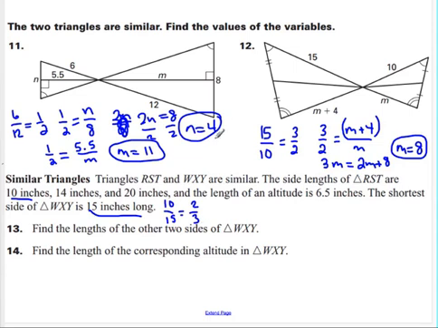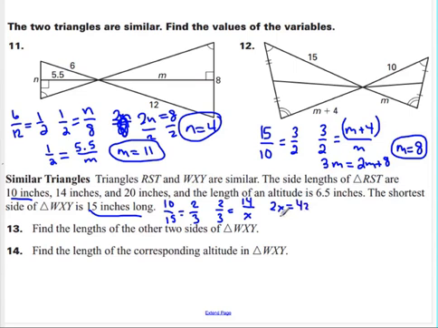If I were to find the other two side lengths, I'd just say 2/3, with 14 on top, and let me give you an x for the other part. I'll cross multiply. That gives me 2x equals 14 times 3, which is 42.